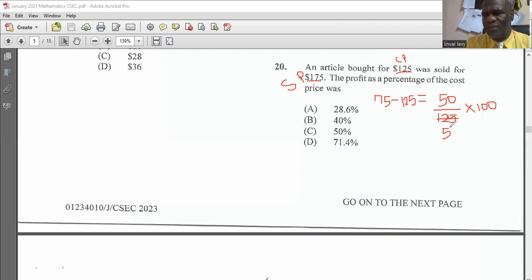So that's what I'm doing. So 125 into this is 4. Good. And then 5 into 50 is 10. And then 10 times 4 is 40.